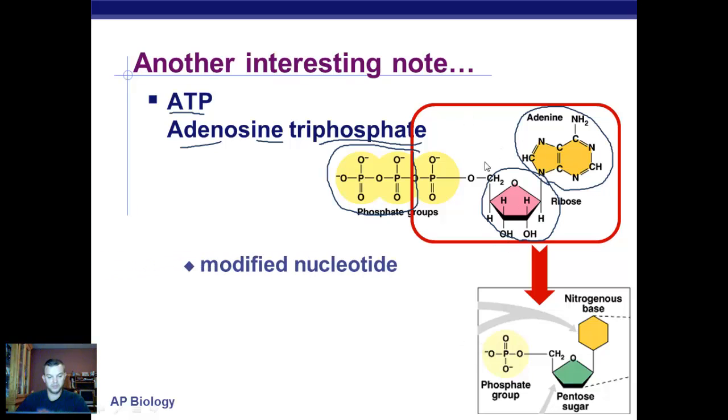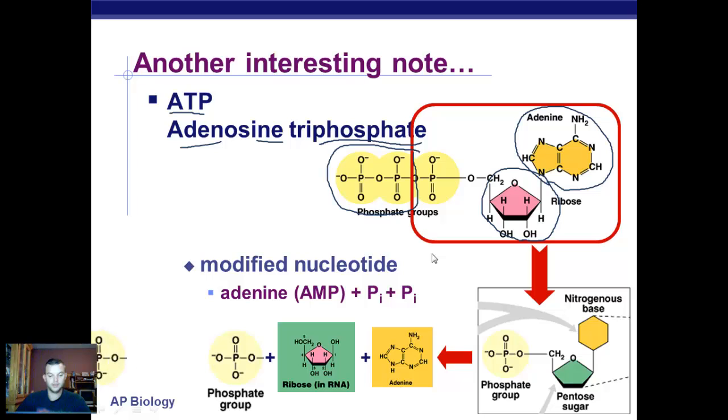And this is just going through what I just got done saying. So here's your adenine nucleotide, and all we're doing when we're talking about making ATP is adding 2 additional phosphate groups to it.